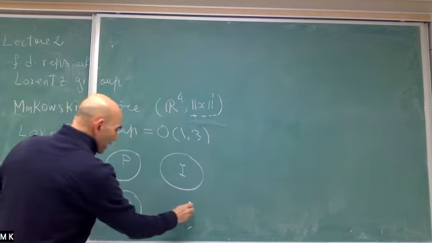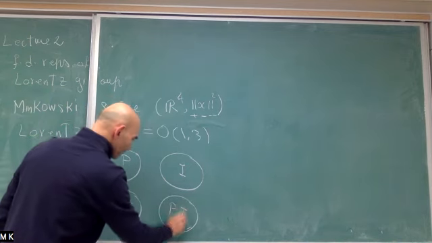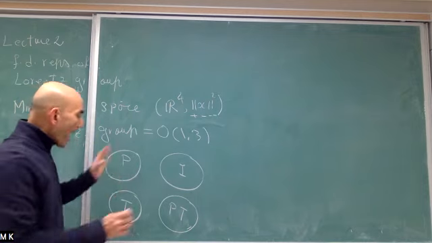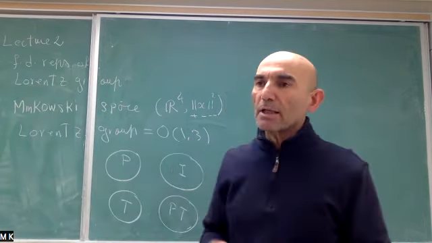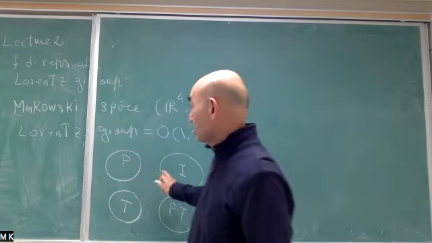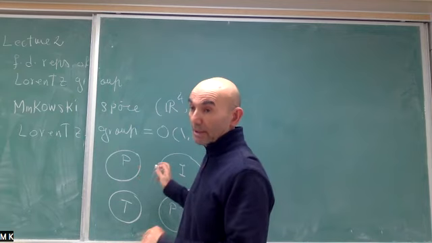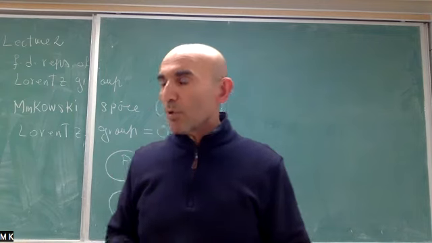And this one is the component that contains PT. Now, in reality, of course, I did not show that these are connected, but they are certainly separately disconnected. So it has at least 4 connected components.